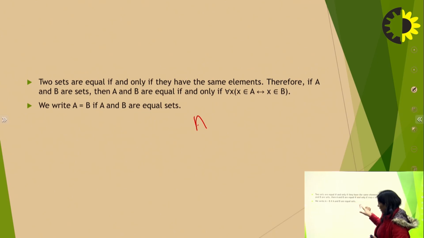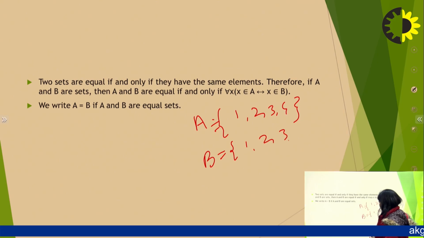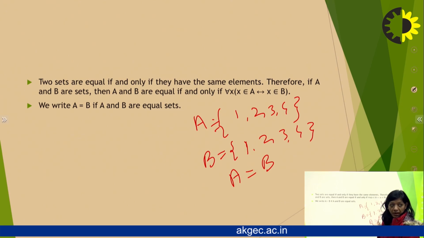Set A has the elements 1, 2, 3, 4. The next set I have taken is B. Again here I have 1, 2, 3, 4. So, what can I say? A is equal to B. Set A and set B are both equal because set A has elements 1, 2, 3, 4 and set B has elements 1, 2, 3, 4.